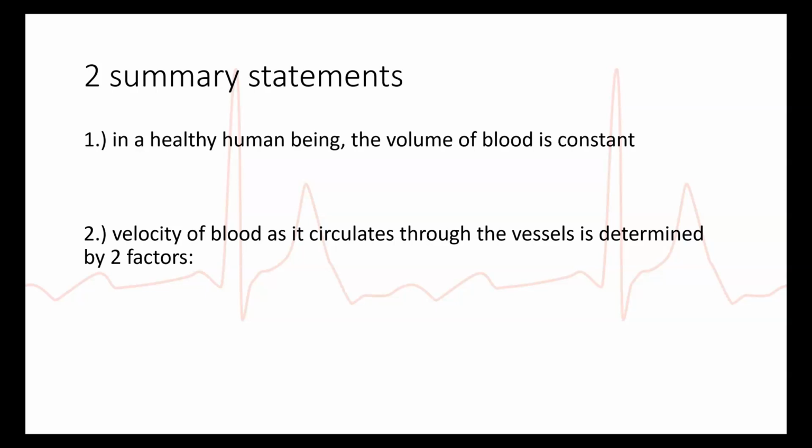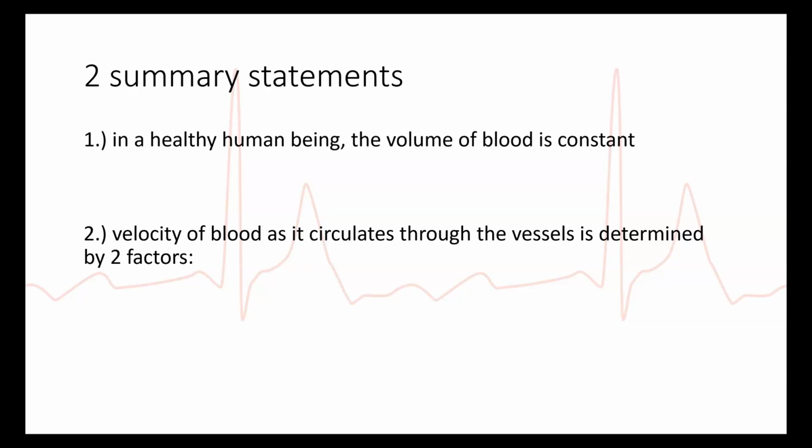2, velocity of blood as it circulates through the vessels is determined by 2 factors. 1, output of the left ventricle, and 2, the amount of resistance that exists to flow by the vessels themselves. The elastic tissue of the arteries allows us to store energy in its walls and helps aid in moving pulsatile flow to smooth flow.